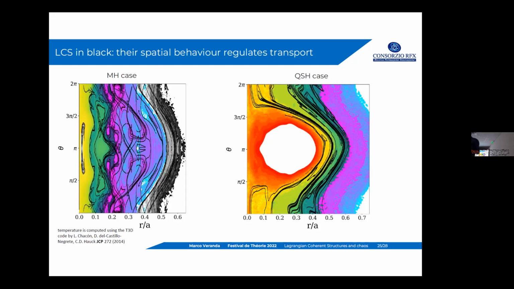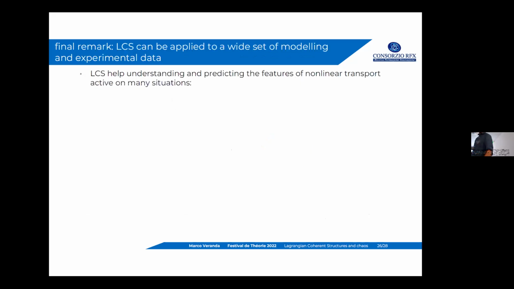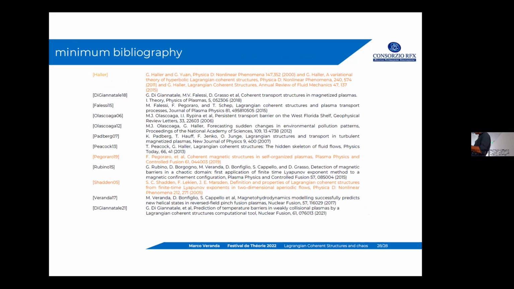The electrostatic potential, I should think about it. But it's feasible, because for sure I want to quote this paper by Catherine Padberg, I guess, of 2007. And she took the fluctuating electrostatic potential.